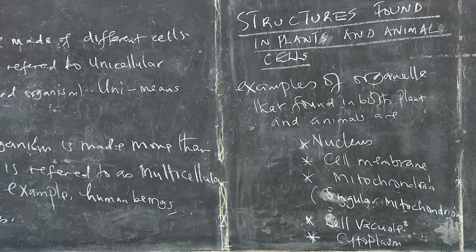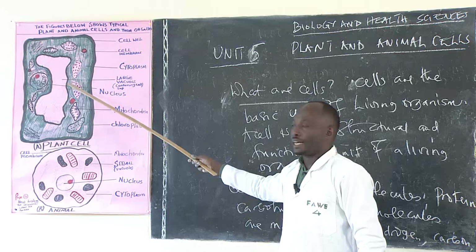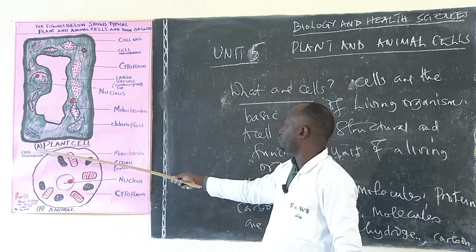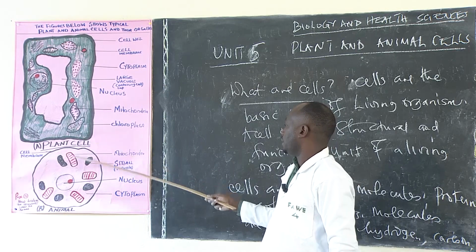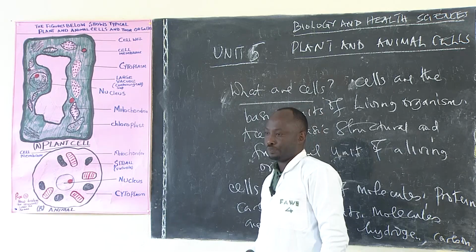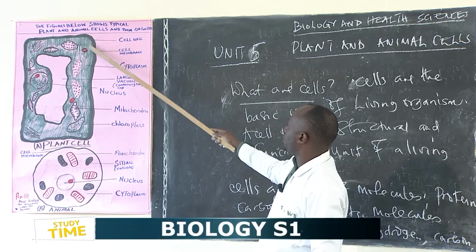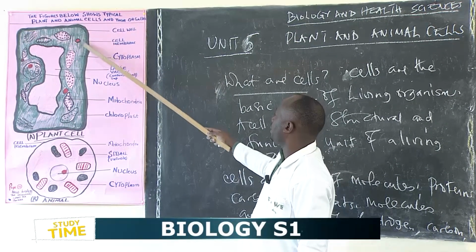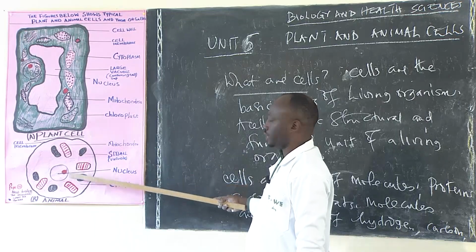Students, quickly let us see the diagram that identifies the internal structures of a plant cell and the internal structures of an animal cell. Students, here is the diagram. In our diagram, we have diagram A, which is a plant cell. Diagram B presents an animal cell. Let's see some of the organelles that are found in the plant cell and also in the animal cell.